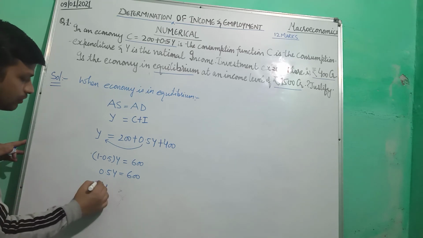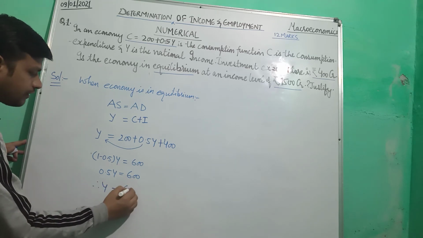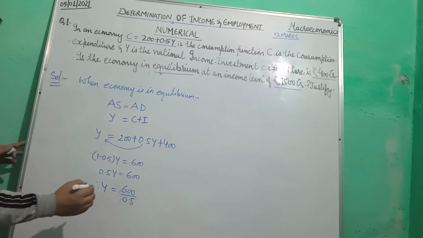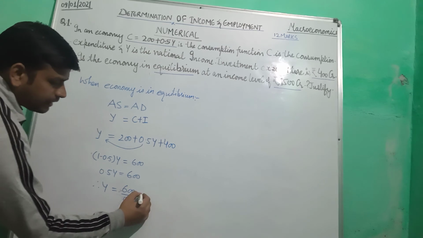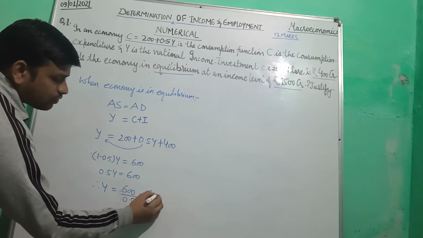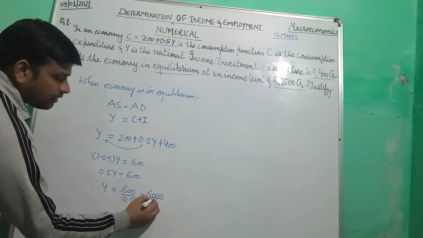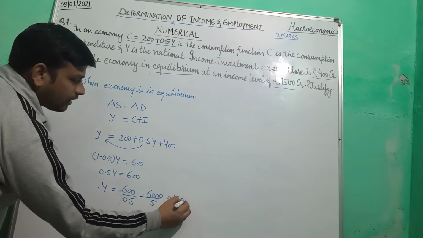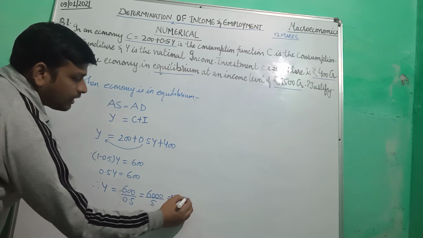Then y is equal to 600 upon 0.5. This will be divided by removing the decimal point, which adds one zero over here, and it comes to 1200 crore rupees.